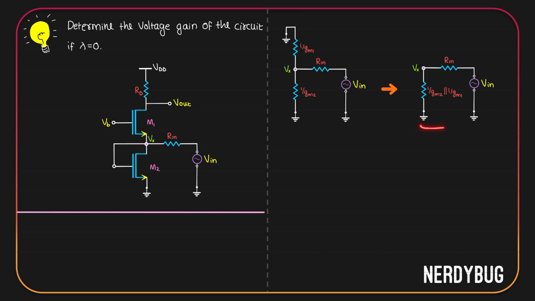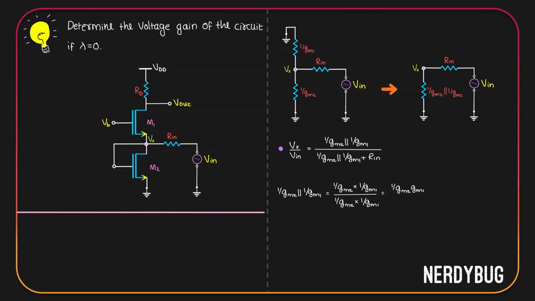Since we have a voltage divider over here, we can write Vx in terms of Vin. Vx by Vin is going to be 1/gm2 parallel to 1/gm1 divided by 1/gm2 parallel to 1/gm1 plus Rin. Let us simplify 1/gm2 parallel to 1/gm1. 1/gm2 parallel to 1/gm1 will be equal to 1/gm2 multiplied by 1/gm1 divided by their sum.